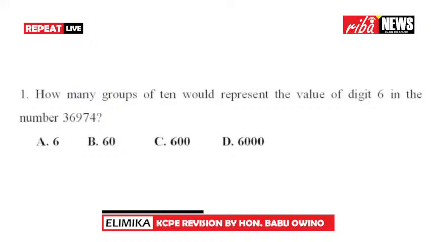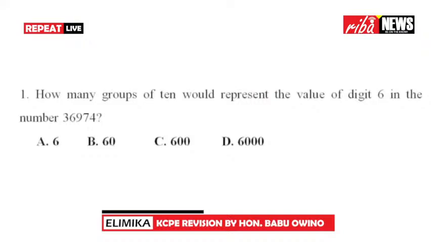Place values. So question 1, how many groups of 10 would represent the value of digit 6 in the number 36,974?